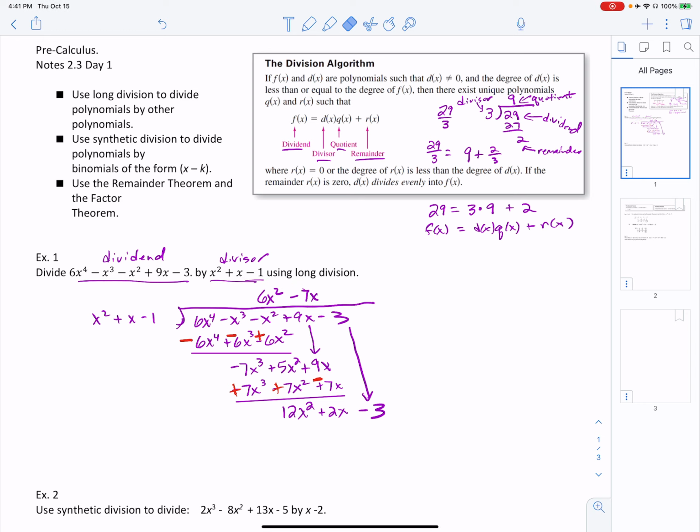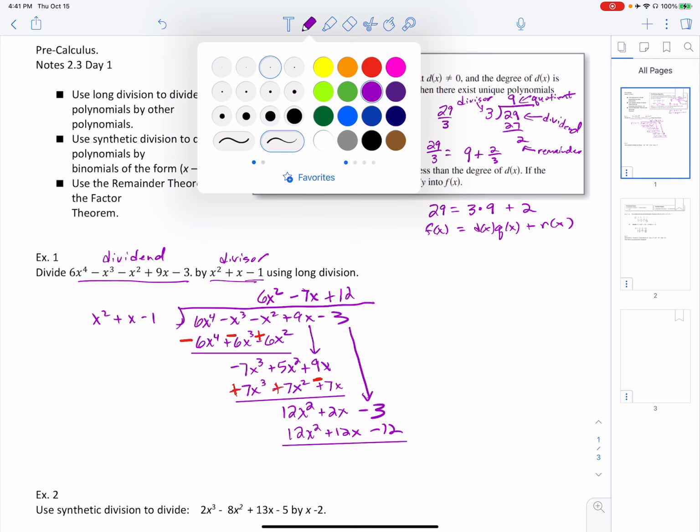And so I need to figure out, how can I get x squared and 12x squared to match? Well, I just need to multiply by 12. And I'm going to multiply all three terms by 12, getting a 12x squared, a plus 12x, and a minus 12. Draw a line. And now I need to subtract.